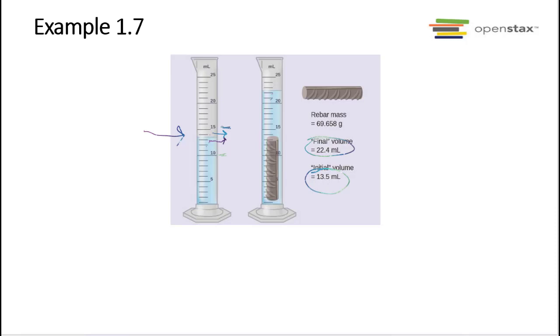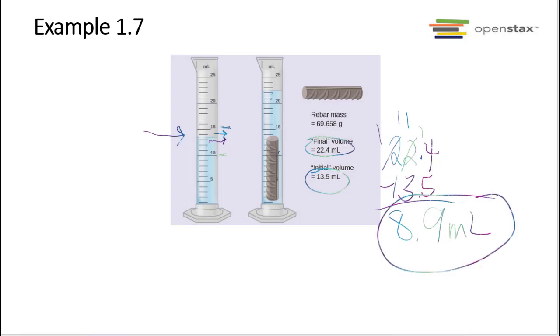Okay, so we're going to find the overall volume of that rebar mass by final minus initial. So 22.4 minus 13.5. So we have 0.9, and then 8.9 milliliters would be my volume.